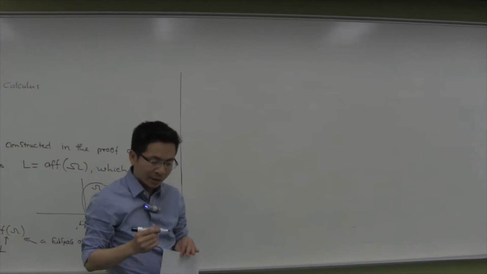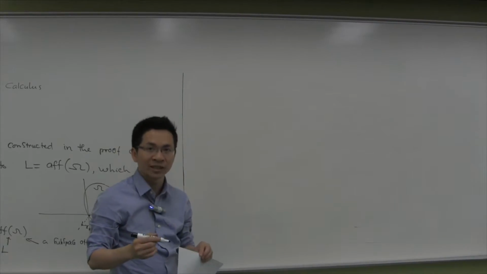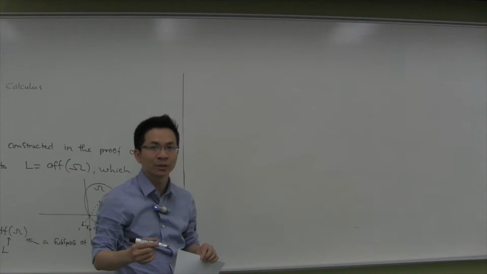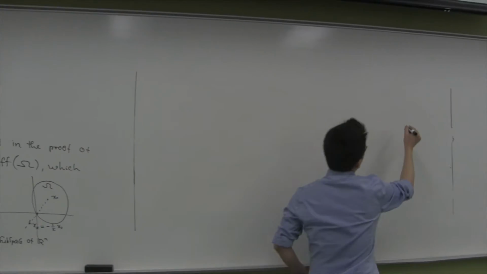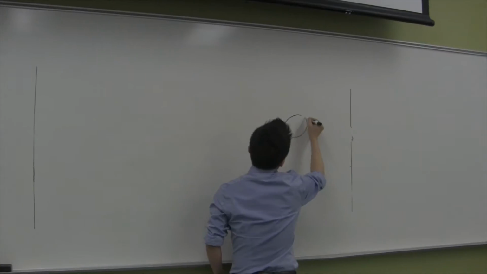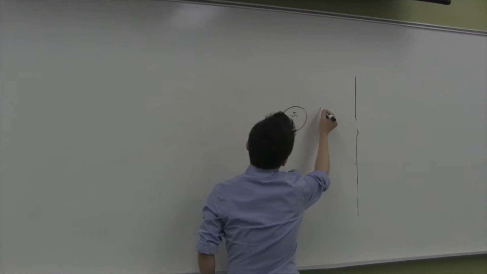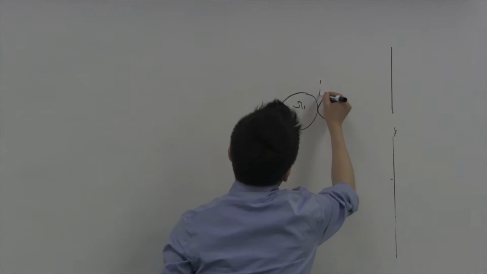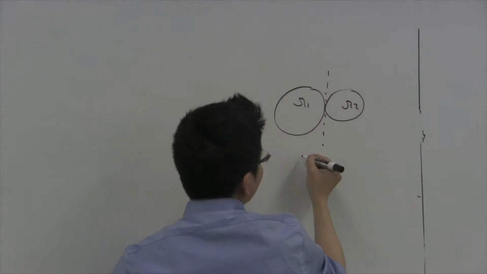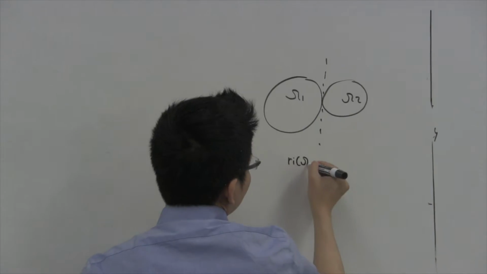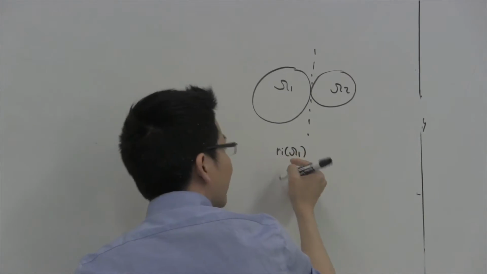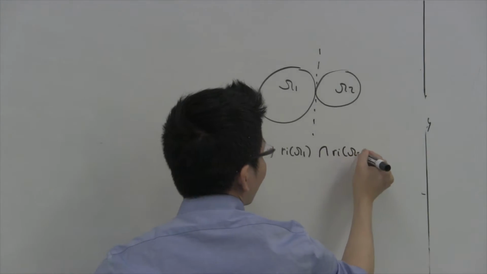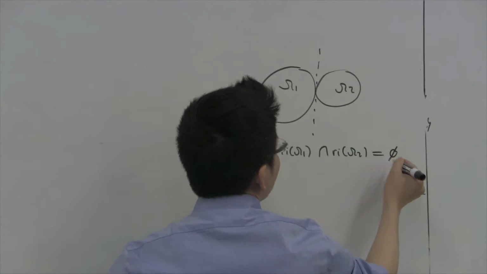Let me recall the main goal of this lecture on the proof of the proper separation property. We want to show that omega 1 and omega 2 can be properly separated if and only if the intersection of the relative interior of omega 1 and the relative interior of omega 2 is equal to the empty set.